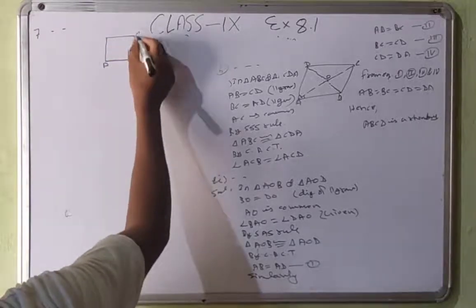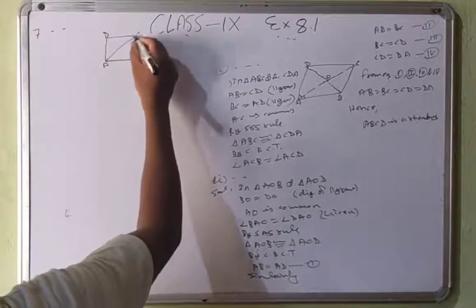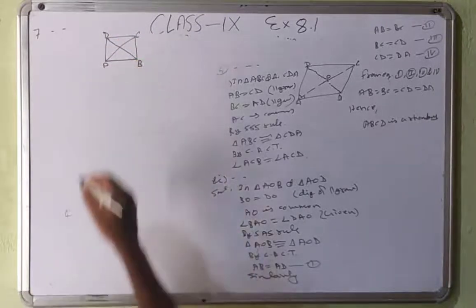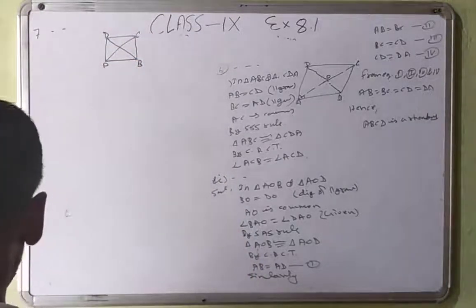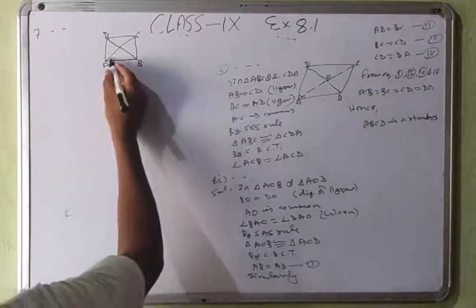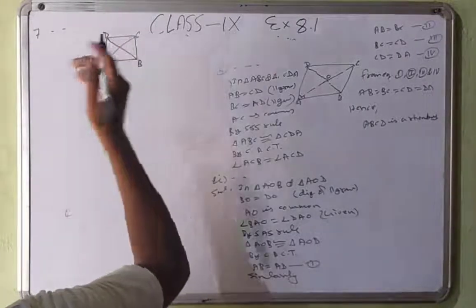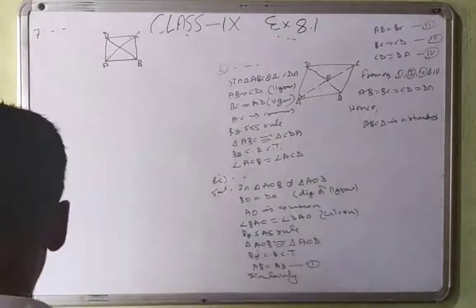A, B, C, D, and we have to prove that this angle and this angle are equal, this angle and this angle are equal, right?